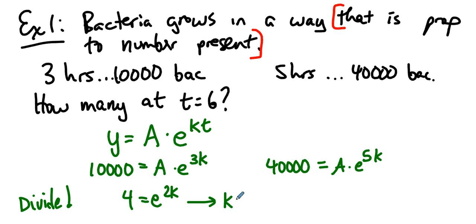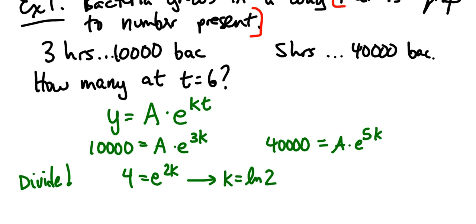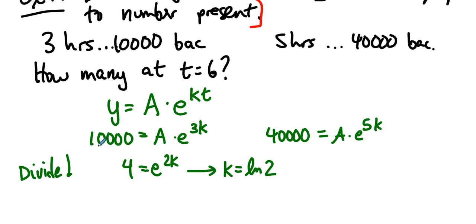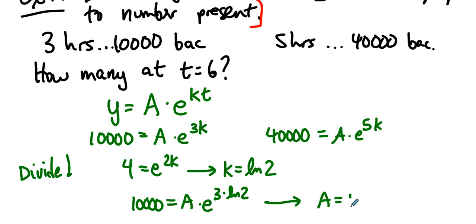We can find out that k is the natural log of 2. That's algebra. So what do we know? We know that 10,000 is A times e to the 3k, and this can be solved to figure out that A is 1250.